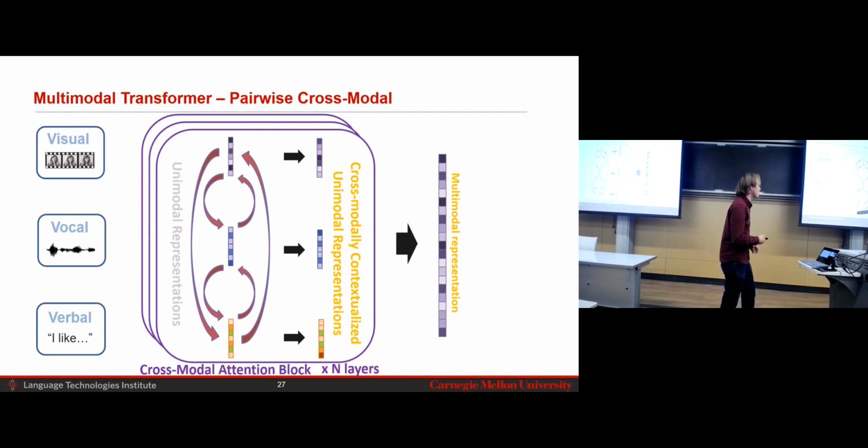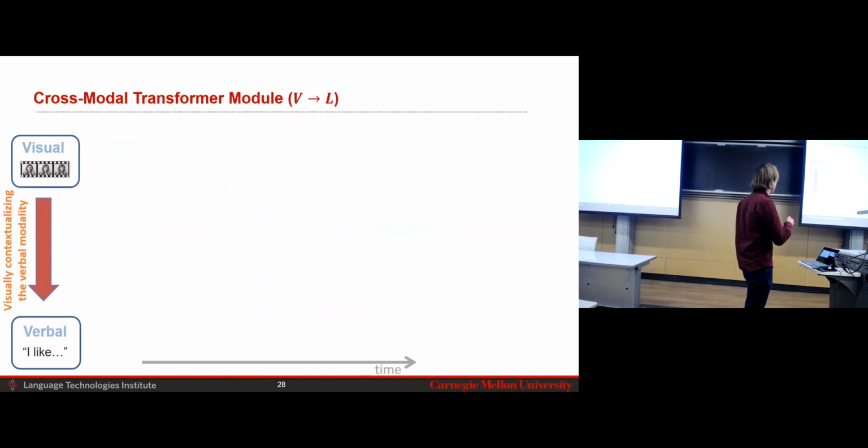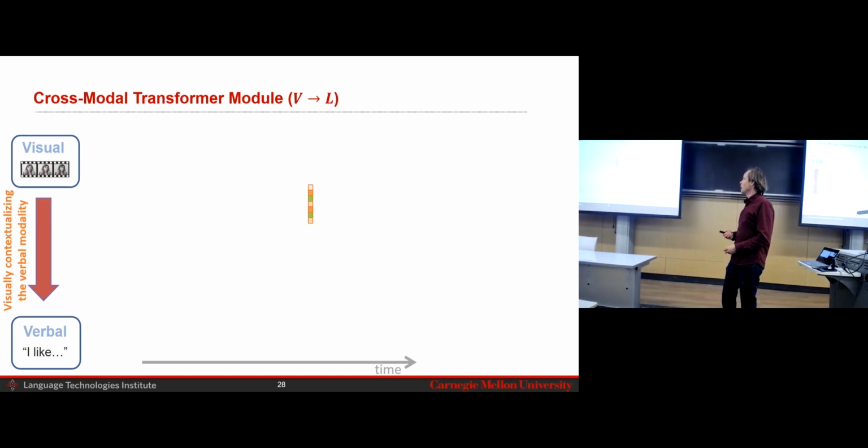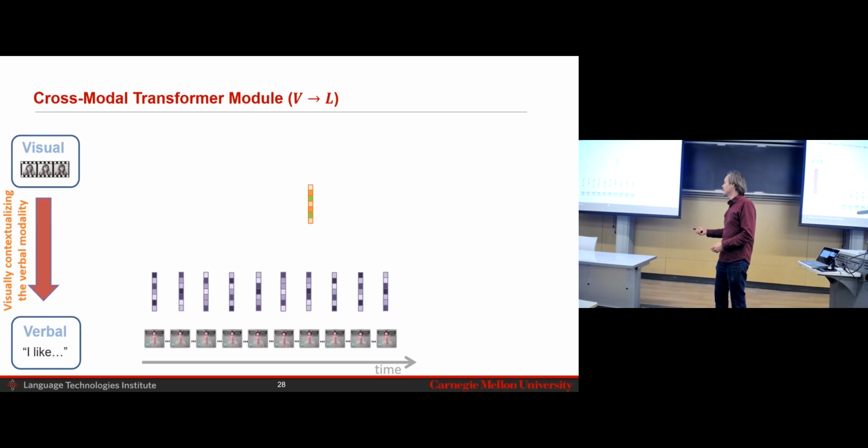So each of those transformers, what they do, let's say visual and verbal. My goal is I have verbal and I want to contextualize it with visual. So visually contextualizing the verbal modality. I already have a representation for my words, but I want to add visual information. So let's say I have a word, extraordinary, and I want to see which of these frames, or it could be in an image, which of these objects is related to it.